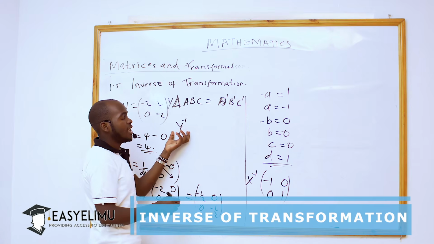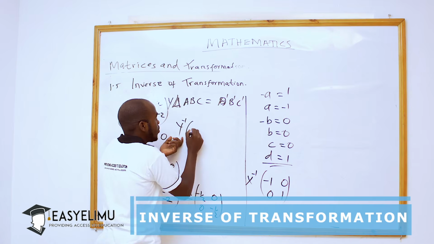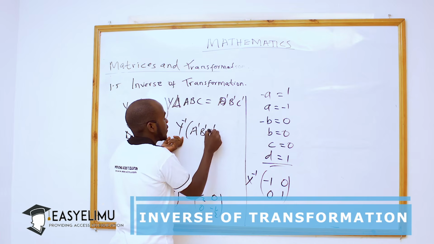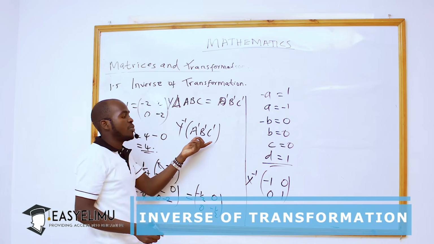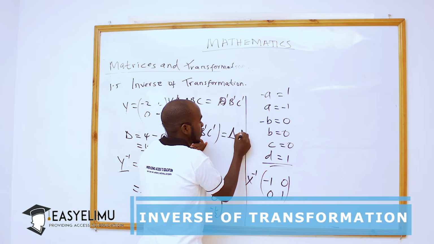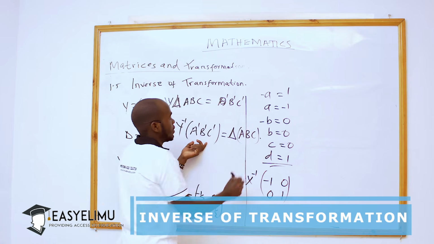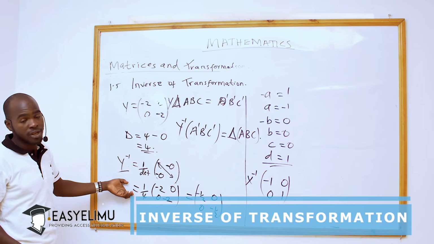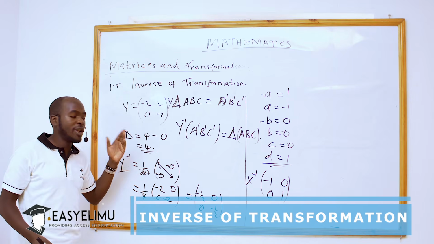If you take the inverse of our transformation and multiply it by the image, which is A prime, B prime, C prime, we should get our triangle back, ABC. That is our second method of finding the inverse of our transformation. You just find the determinant.